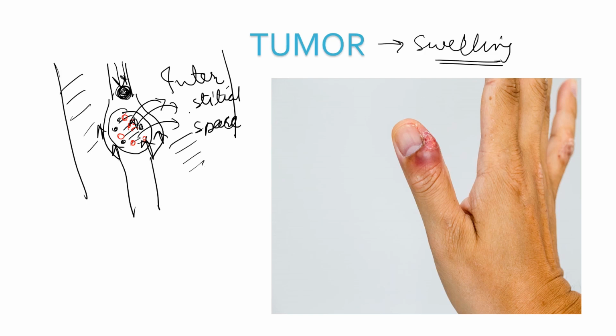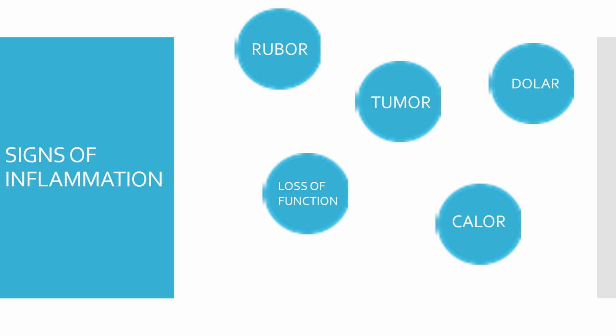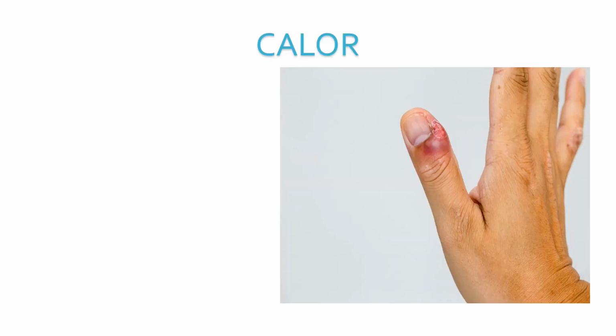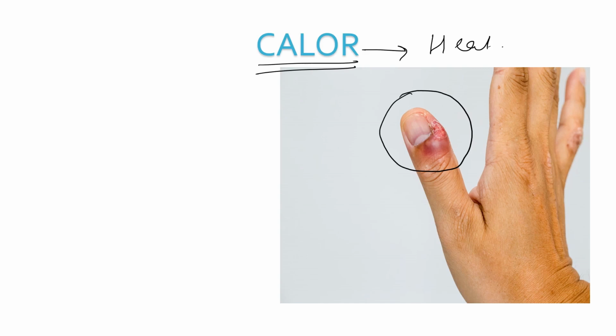The next inflammation cardinal sign is calor. What is calor? Calor basically means heat. So how does the place of inflammation produce heat?